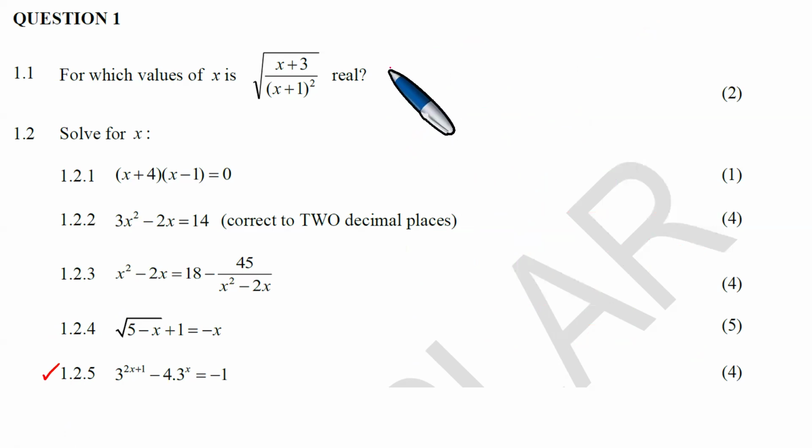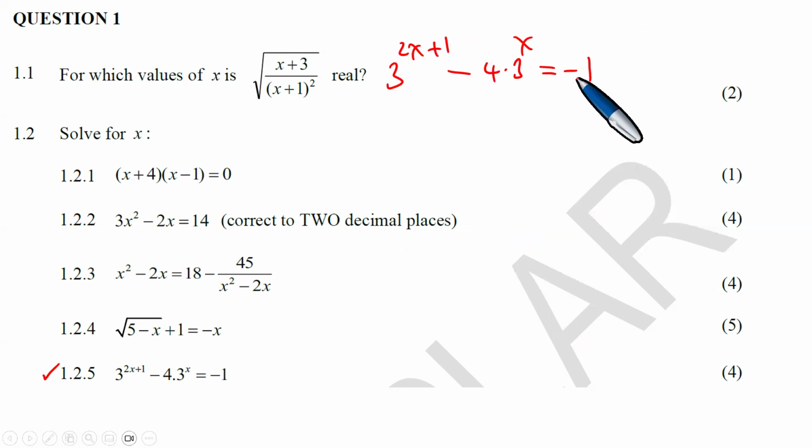In 1.2.5, we have 3 to the power 2x plus 1, minus 4 times 3 to the power x, equals minus 1. We need to solve for x here. If there are sums in the exponent, you always separate, like 3 to the power 2x times 3 to the power 1.